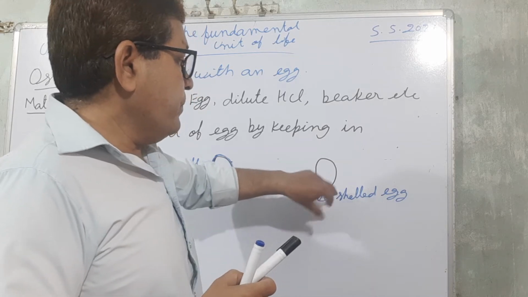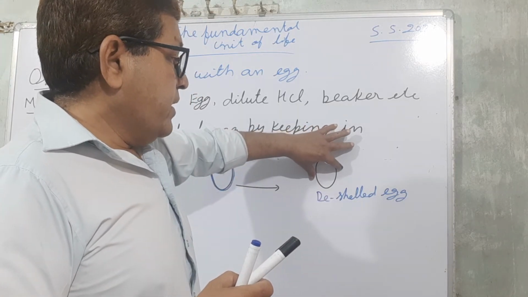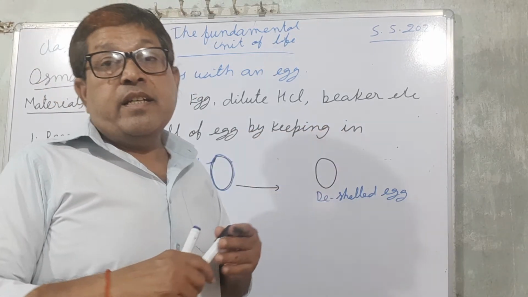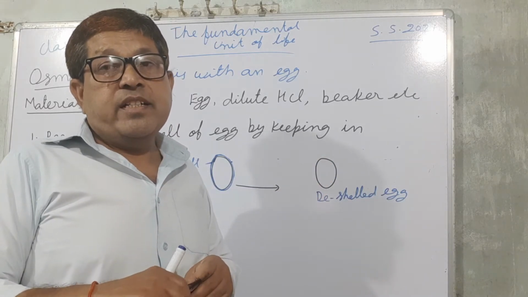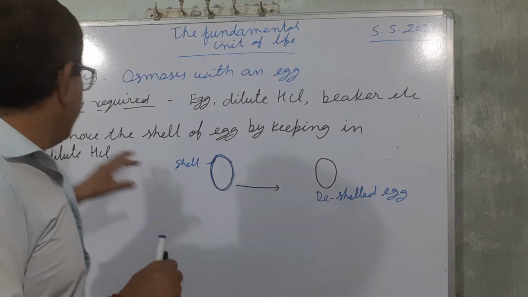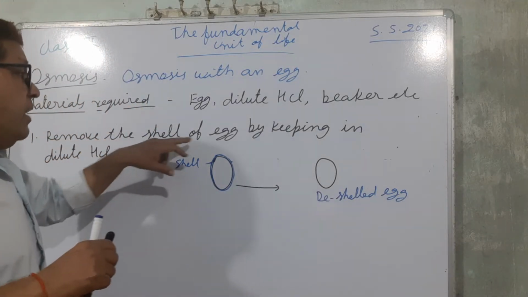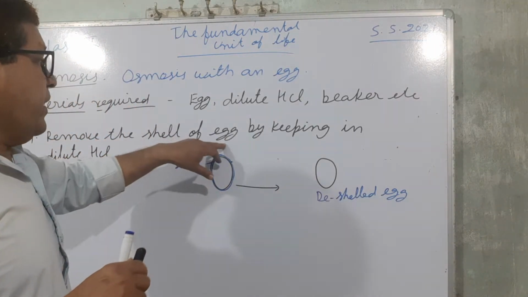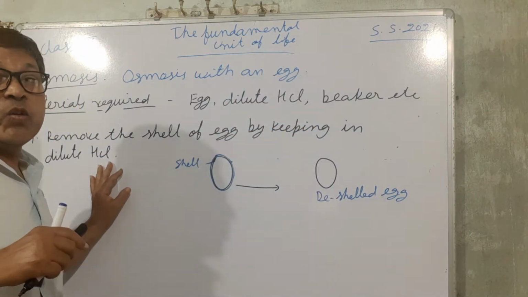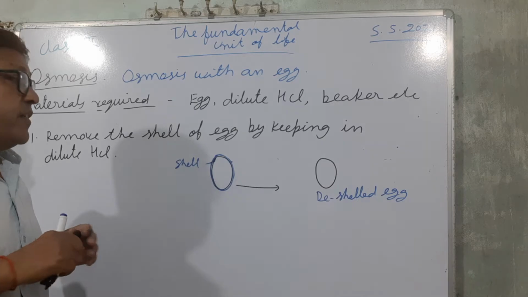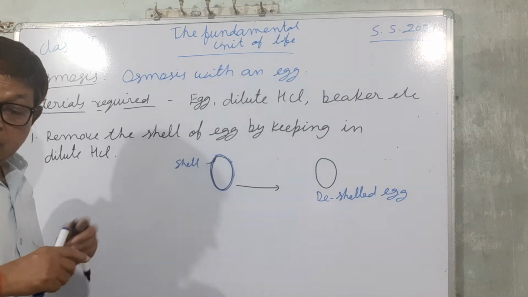In this egg, the shell is dissolved, so such an egg is called a decelled egg. So remove the shell of the egg by keeping it in dilute hydrochloric acid.